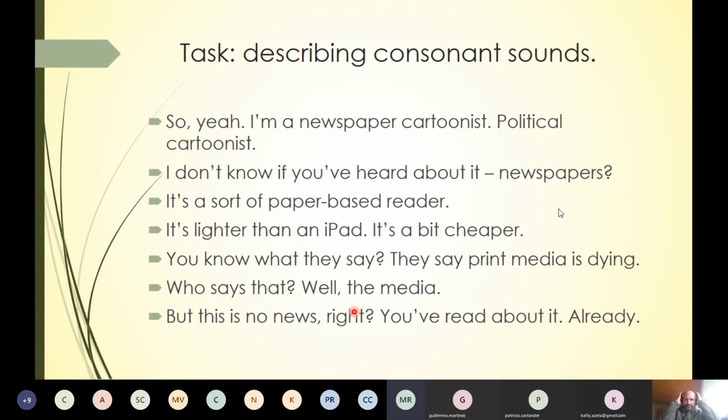Teacher, if I have highlighted a sound once, it's not necessary that I highlight it twice, right? Exactly. Teacher, this is like a presentation.